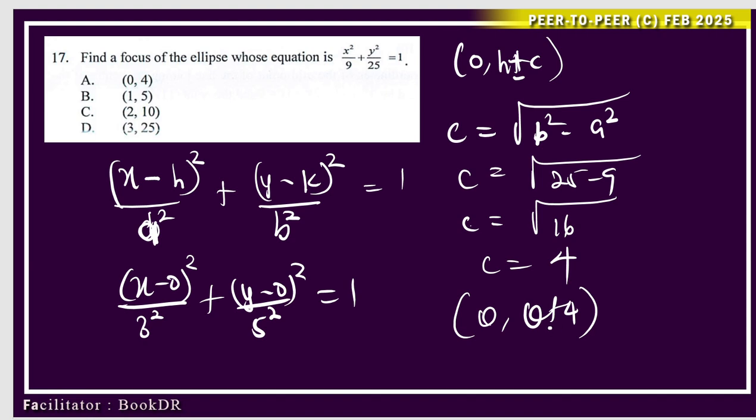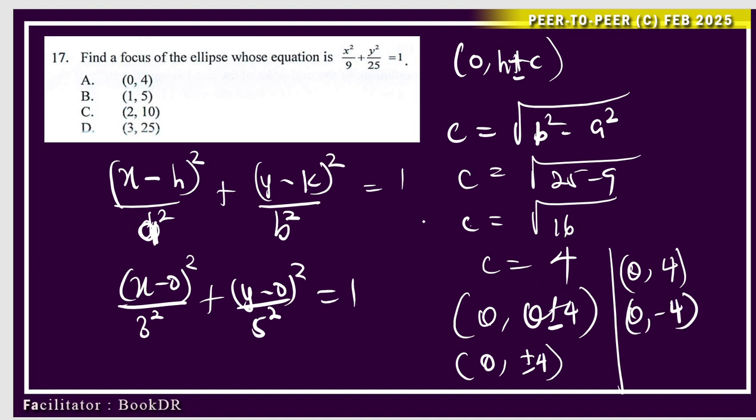So this will be 0 comma, then plus or minus 4. So this will translate to 0 comma 4, 0 comma negative 4. So the correct answer in this case is A. So A is the correct answer.